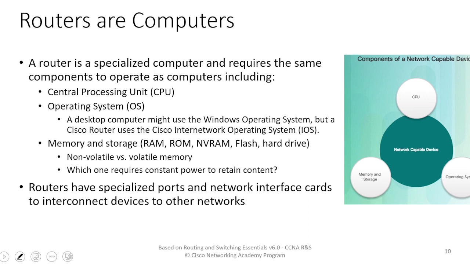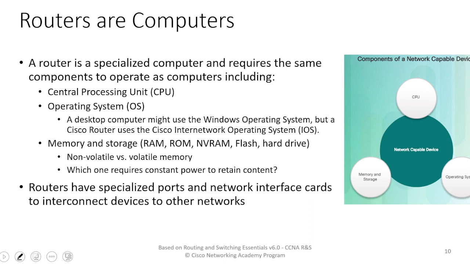The main difference between a router and a personal computer, for example, is that a router needs certain specialized ports and network interfaces to interconnect to other networks. To establish that network connectivity, we may need additional network interface cards attached to the computing device. Once we have that, the device essentially becomes a router with all the hardware and software components.